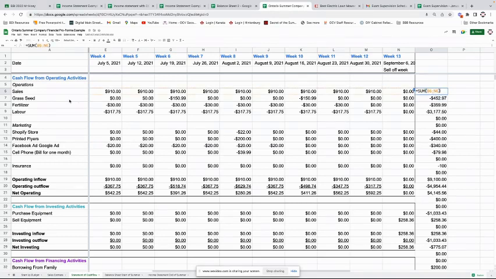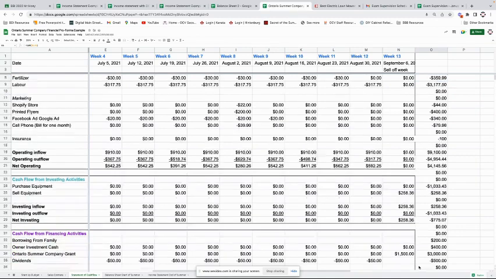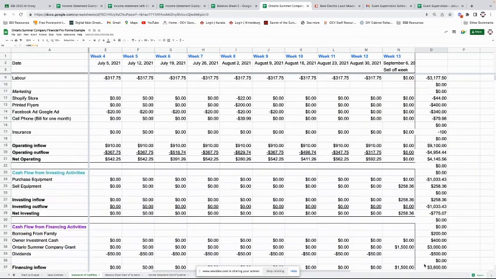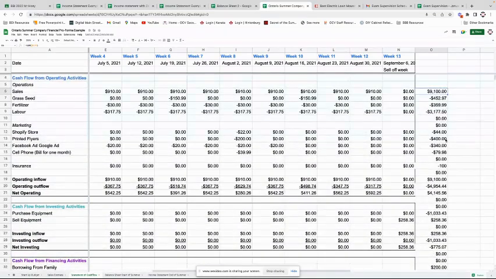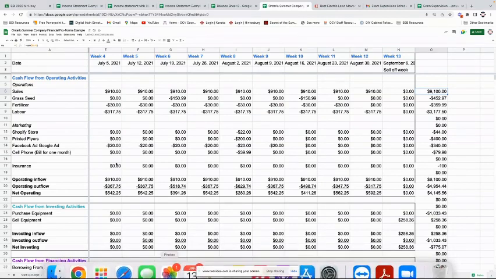So we're going to sum all of these things on the side, and I'm just going to bring it all the way down. And that will help us with some of the information that we need. Because this is measuring all of the money that's coming in and coming out of our business.